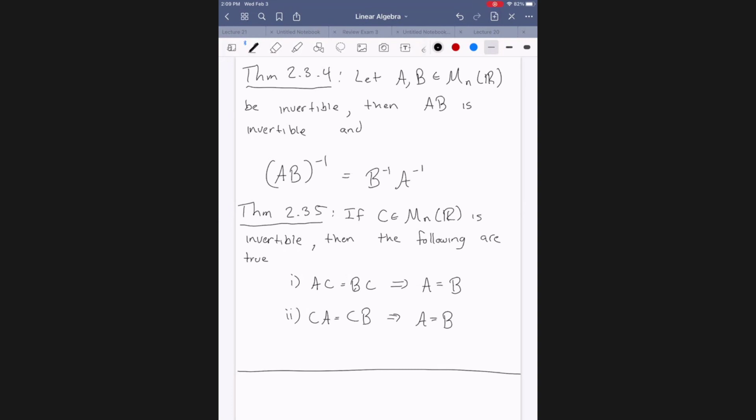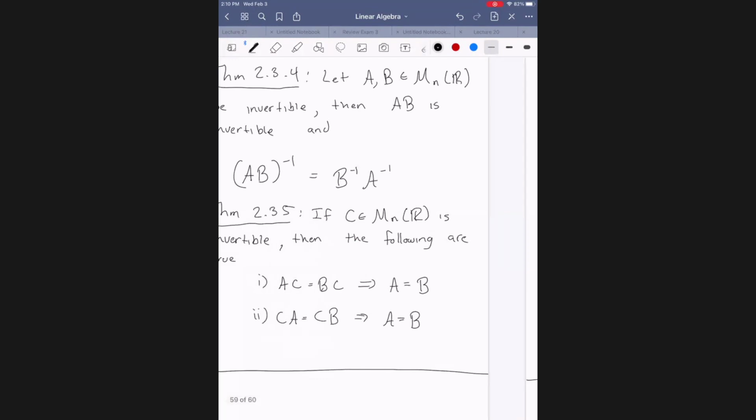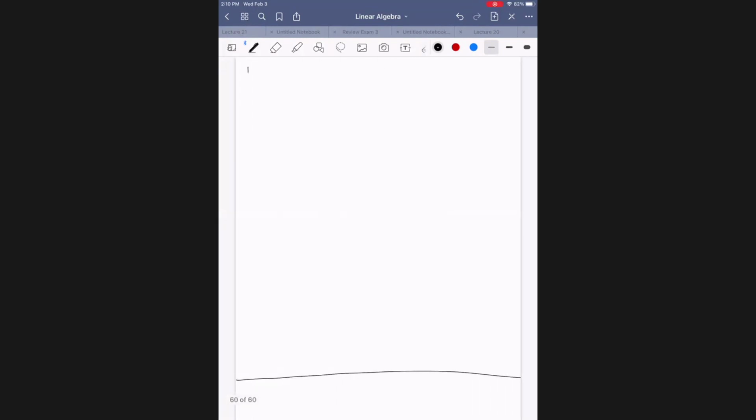And then last but not least, the whole point of wanting the inverse, at least in the context of what we're doing. This last theorem here is going to be useful. Theorem 2.3.6.